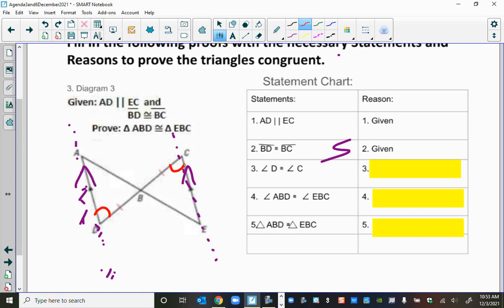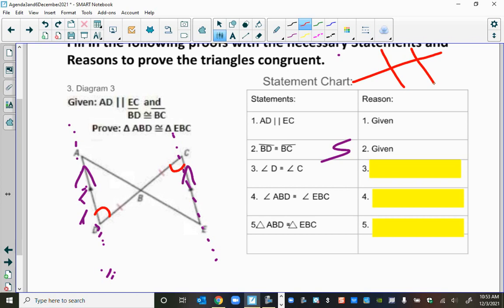Actually, all right, let me draw it a different way. I'm going to draw this another way. I think it's going to be a little easier. All right. How about if I draw it like this? Boom, boom.